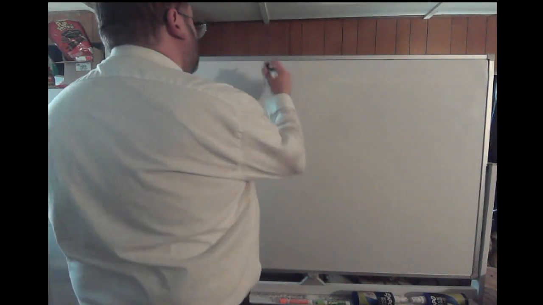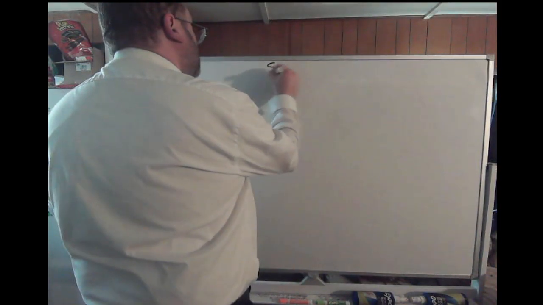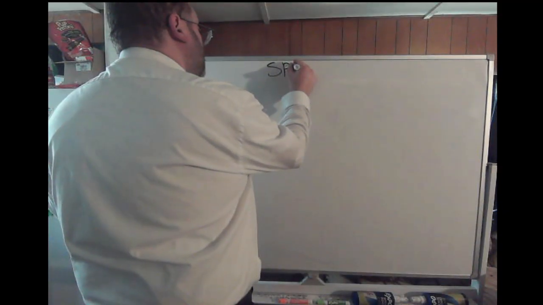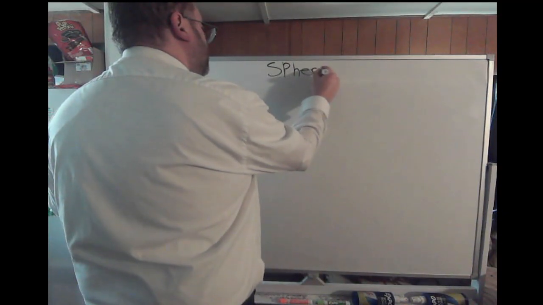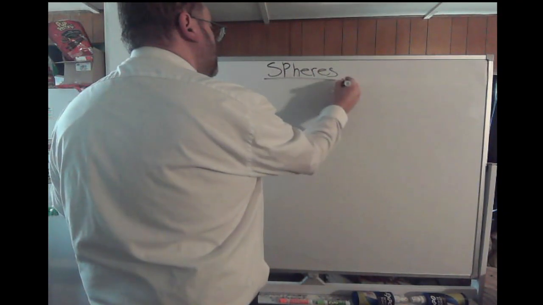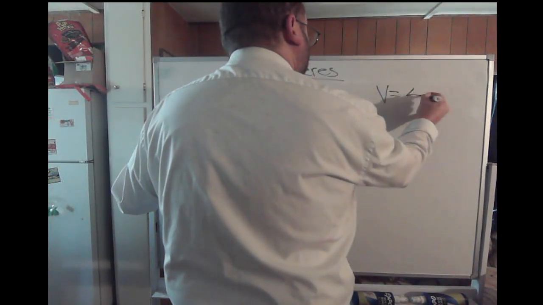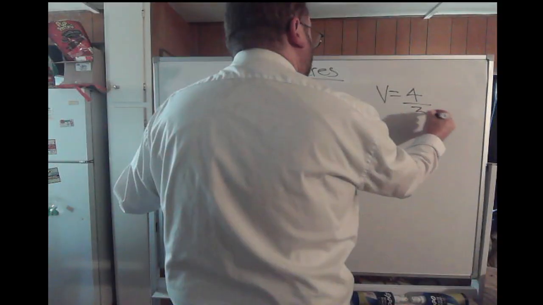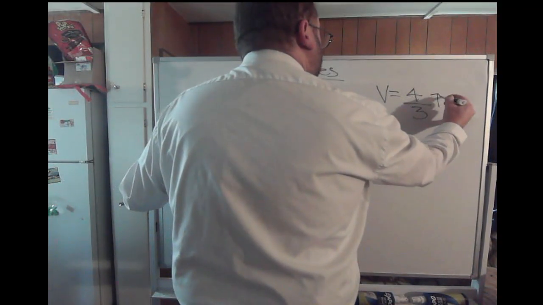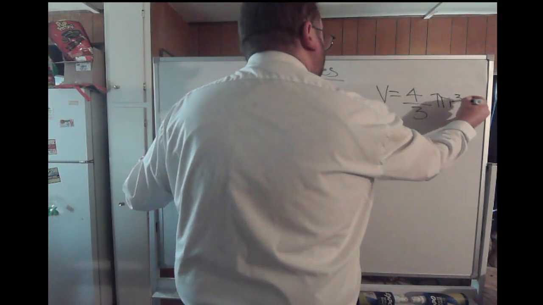Okay, so let's deal with spheres. See, the volume of a sphere, there's really no way to help you remember it. You just got to kind of remember it. It's going to be 4/3 times pi r cubed.